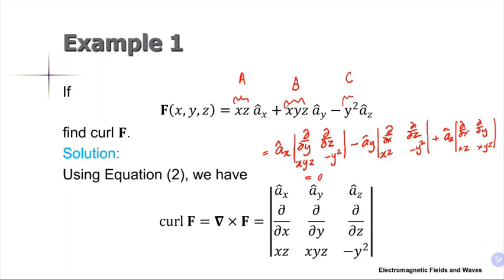I will have ax, that will be del over del y of minus y squared minus del over del z of x y z.